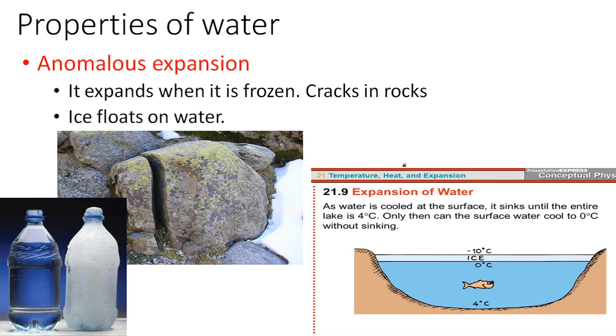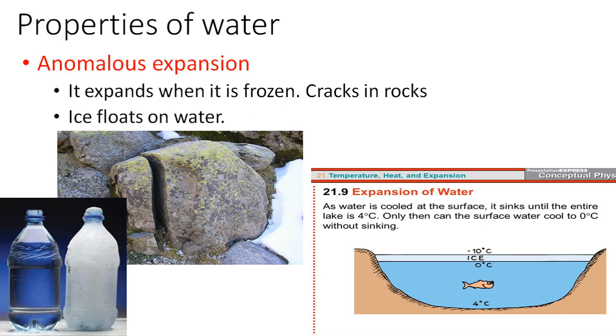Third property, anomalous expansion. The density of water changes with temperature in a very special manner, different from other substances. First example, the solid occupies more volume than the liquid.